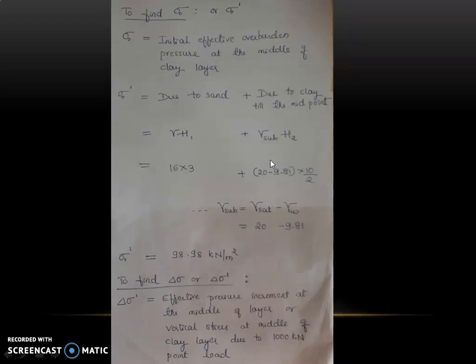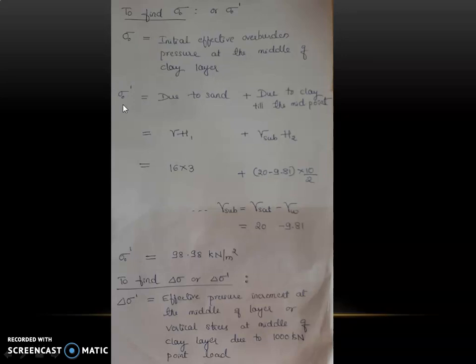So to find sigma naught, that is also written as sigma naught dash because it is the effective overburden pressure. So sigma naught equal to initial effective overburden pressure at the middle of the clay layer.